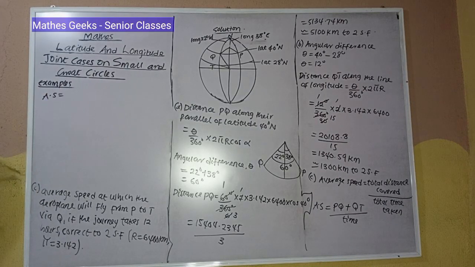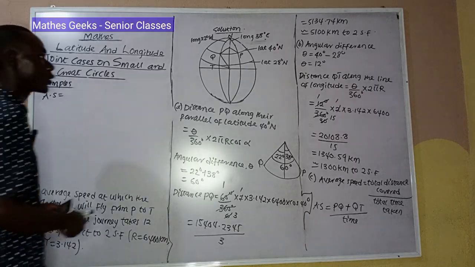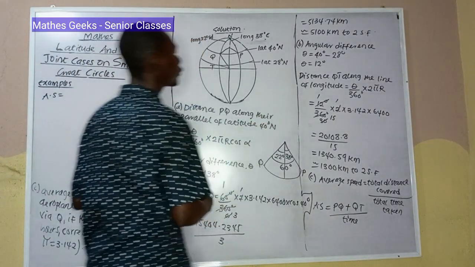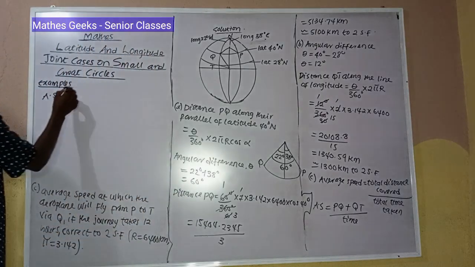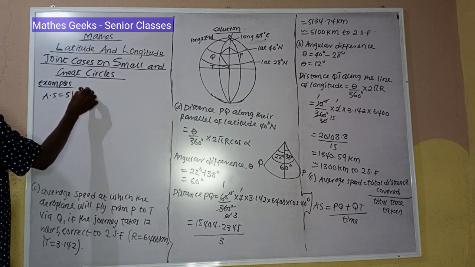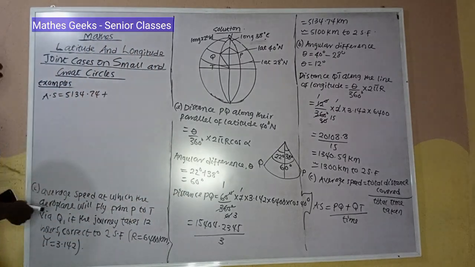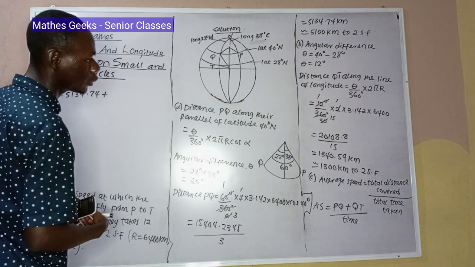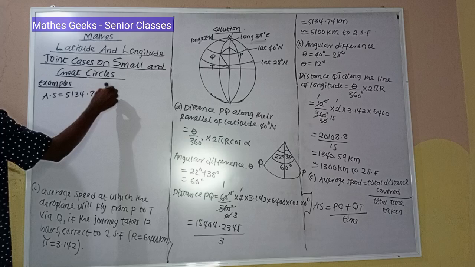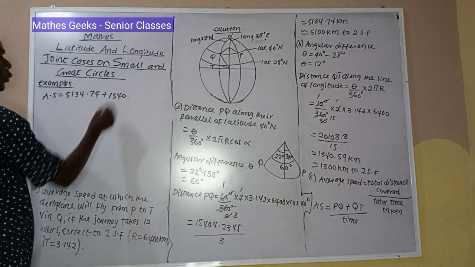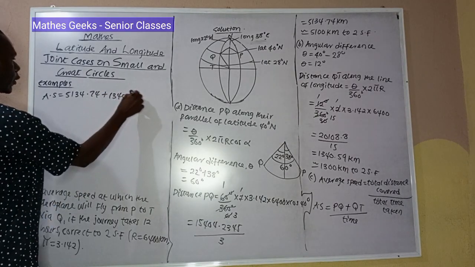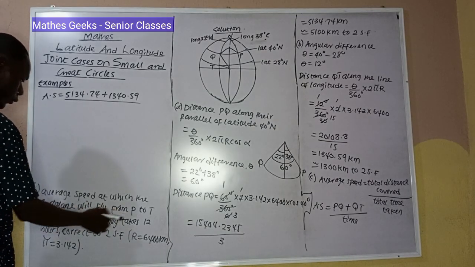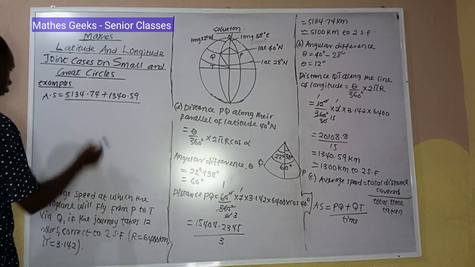So the average speed is distance PQ, which is 5134.74, plus distance QT, which is 1340.59, over the total time taken by the journey, 12 hours.